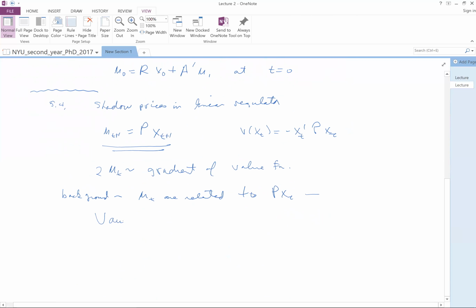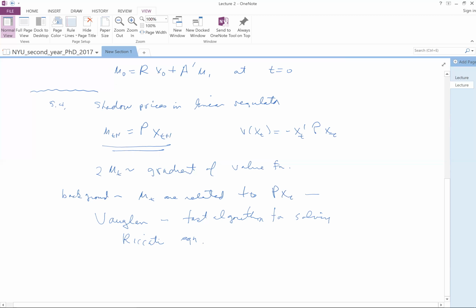I think one of the first people to do this was Vaughan, in the 60s or 70s, when he devised a fast algorithm for solving Riccati equations. So we're going to sort of follow in his footsteps today.